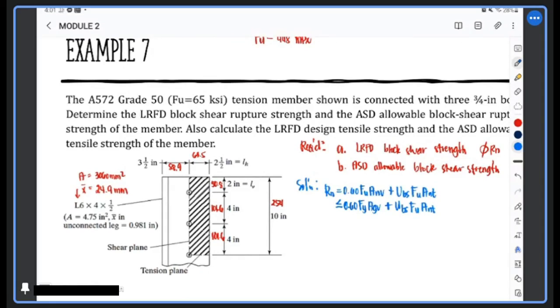Okay, now we have to find the values of the Ant, Agt, and the Agv. Okay, yung tatlong gross areas and net area. First is our gross area for shear, Agv. Okay, Agv is, ito kasi yung ano class, yung direction ng ating load.